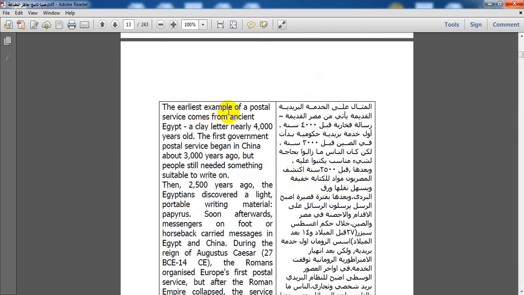The earliest example of a postal service comes from ancient Egypt, a clay letter nearly 4,000 years ago. The first government postal service began in China about 3,000 years ago, but people still needed something suitable to write on. Then 2,500 years ago, the Egyptians discovered a light, portable writing material, papyrus.